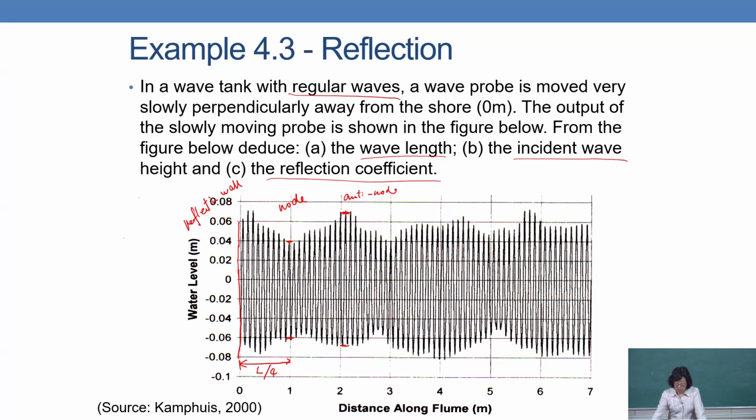Also you see, this is a distance along the flume, and you know here is a wall. From this diagram, you are able to see up to here, this is 1 meter. So you will know the wavelength is 4 meters, right? So this is one way for you to estimate the wavelength. That's easy for you to look at.